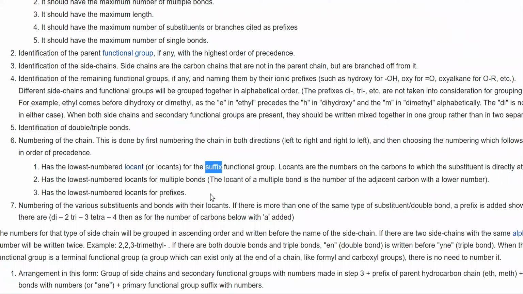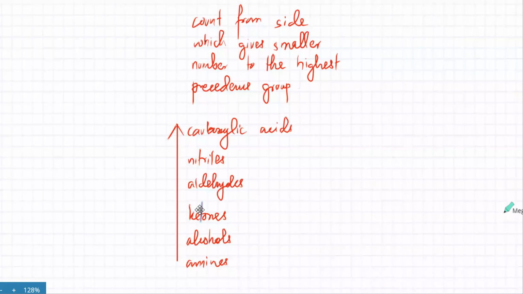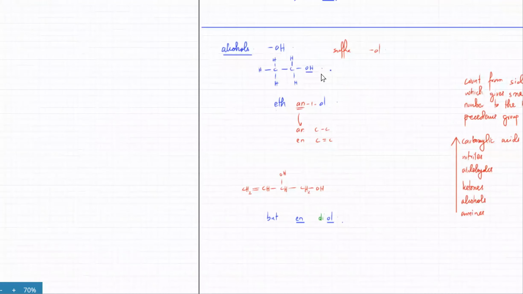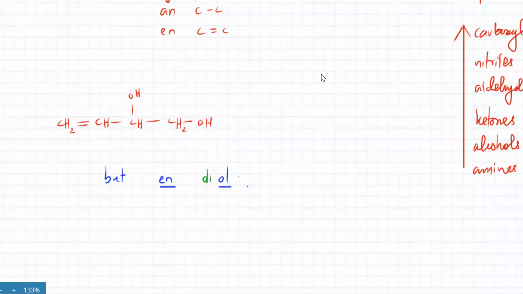So what this term means is, if you have multiple functional groups, like double bonds and alcohols and carboxylic acids, lots of things in the molecule, you number the molecule to give the smaller number to the highest precedence group. In this case, the highest precedence group is the alcohol. It's not the double bond. The double bond isn't even mentioned over there.